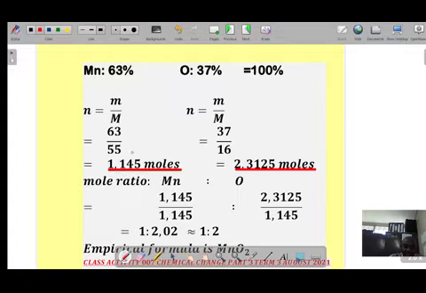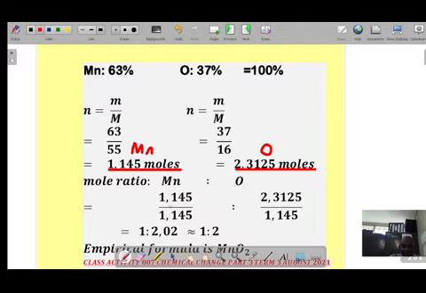Is it this one here for manganese, or is it the one for oxygen? Which one is the smallest number? This is 1.145. What about here? 2.3125. So the 1.145 is smaller. So that's what we divide. When we reach this step, we divide by the lowest number of moles throughout.